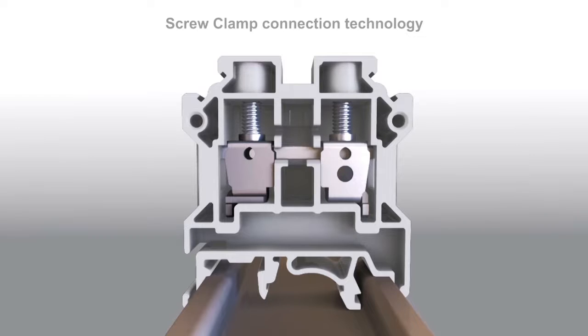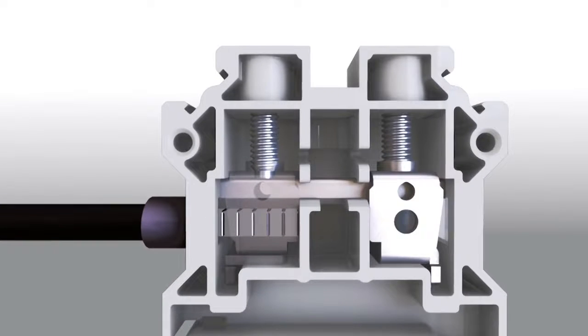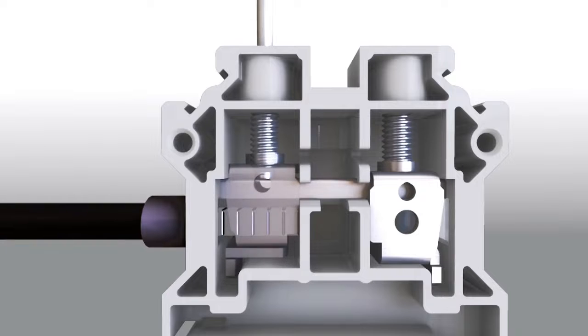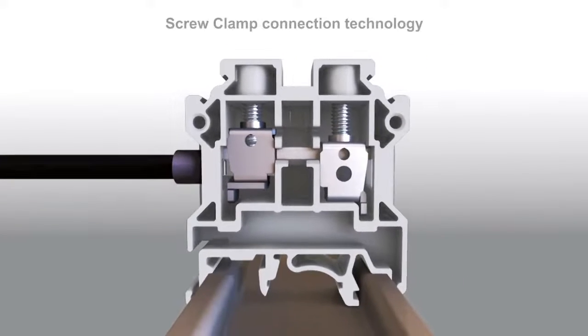So how do screw terminals operate? They operate simply by inserting a wire into a clamping system, which is mostly an elevator type of clamp. I tighten down the screw to a specific torque value using any type of screwdriver.